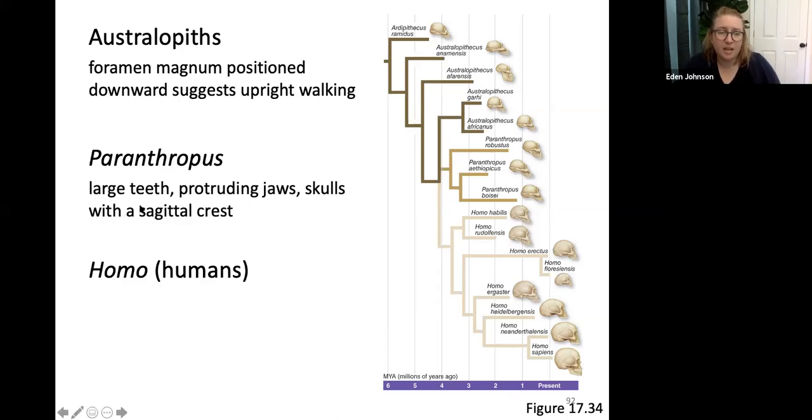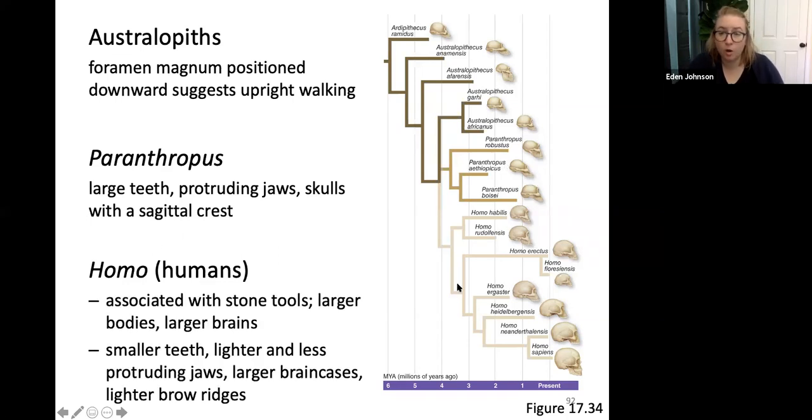Then you have Paranthropus, which had large teeth, protruding jaws, skulls with a sagittal crest. So a lot of these actually looked very similar to modern day chimpanzees, okay? And that's over here, these three, okay? Especially with this protruding jawline and those teeth.